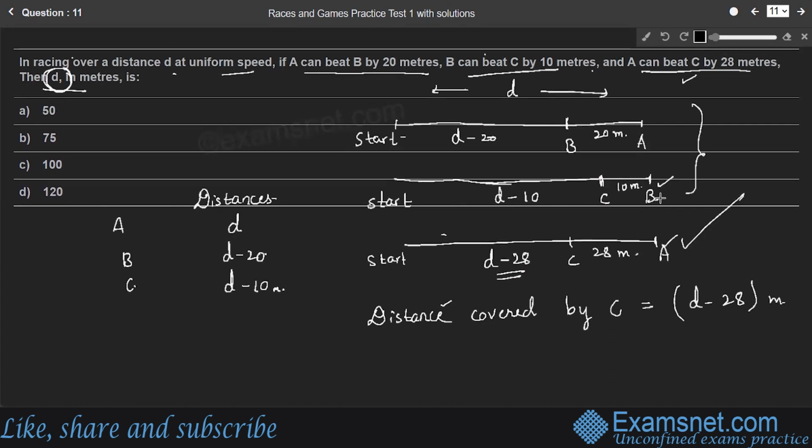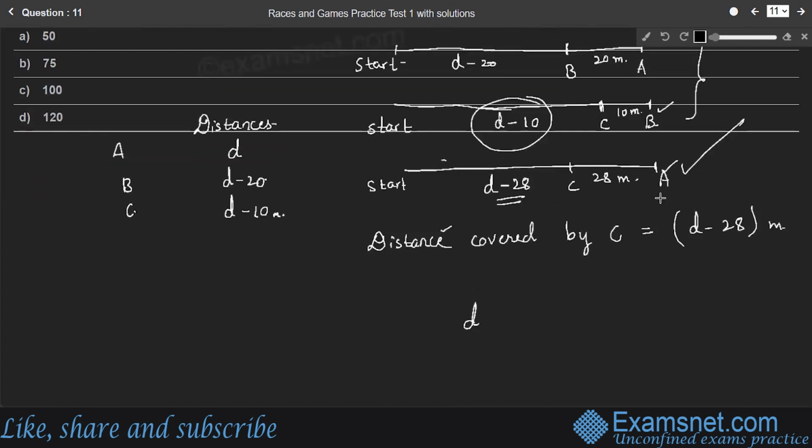We cannot directly take D minus 10 as the distance covered by C. Here, if the total distance is D, then D minus 10 will be the distance covered by C.